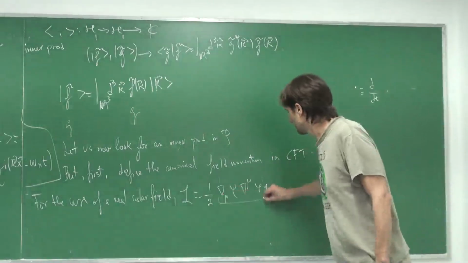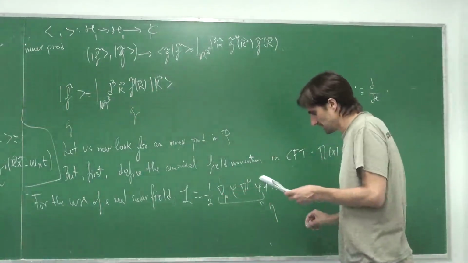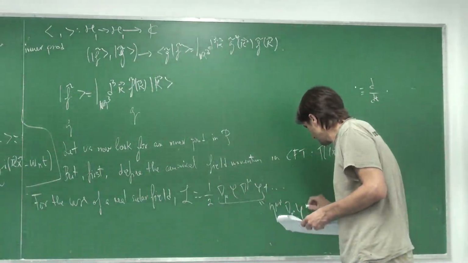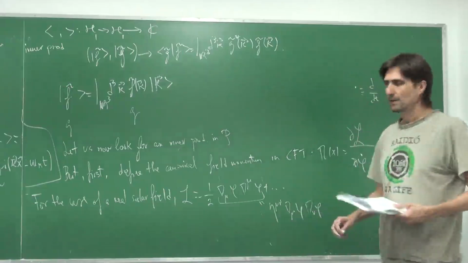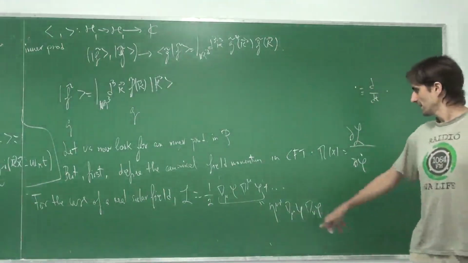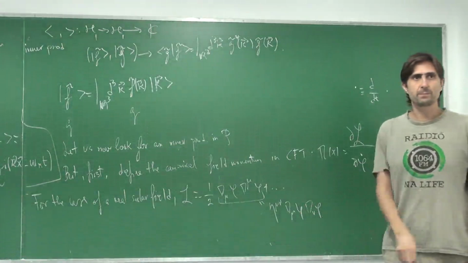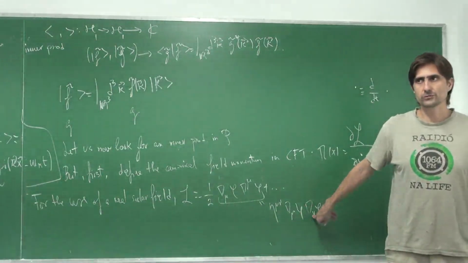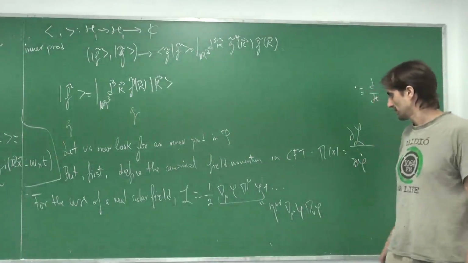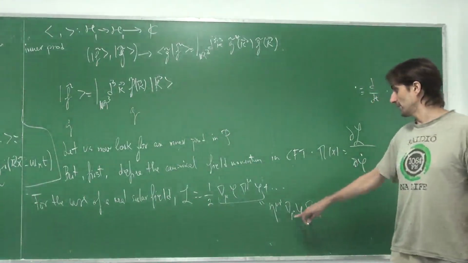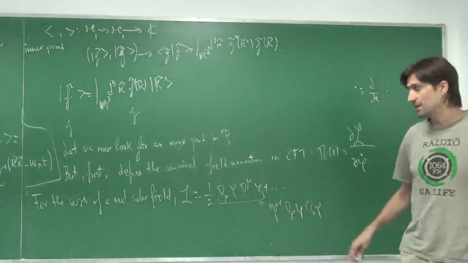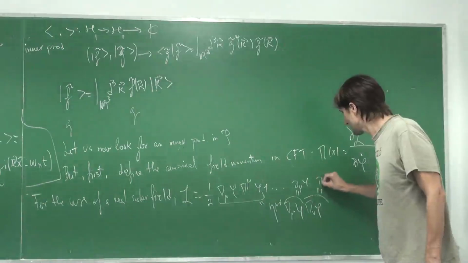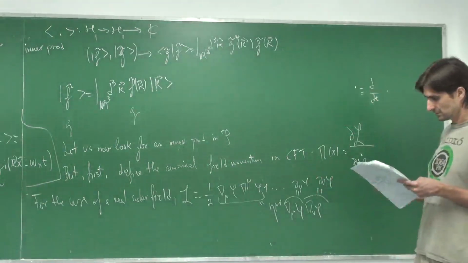We're in flat space-time, so this is just eta mu nu times derivatives of phi. Again, we're in flat space-time, the covariant derivative is just a partial. Well, you don't even need to be in flat space, the covariant derivative of a scalar is just a partial derivative, so this is just equal to this.